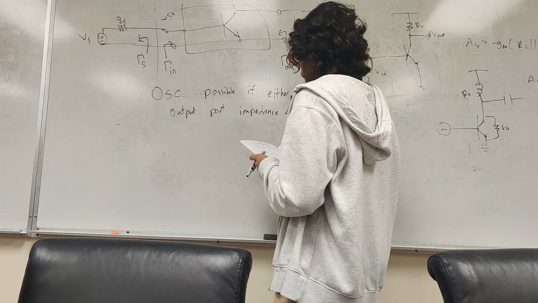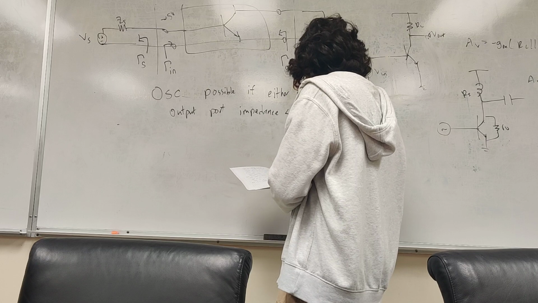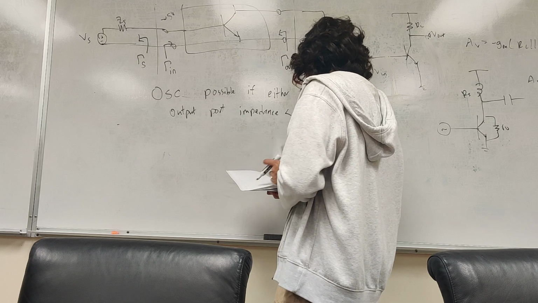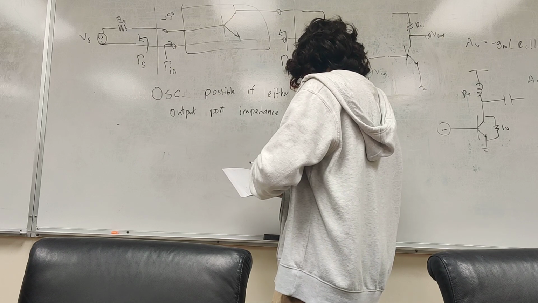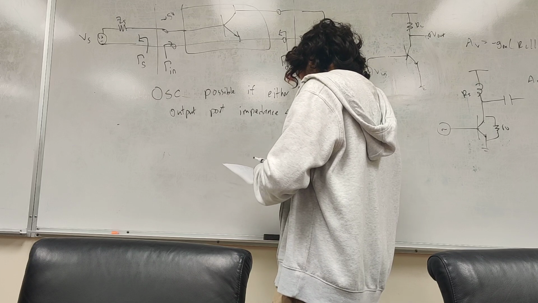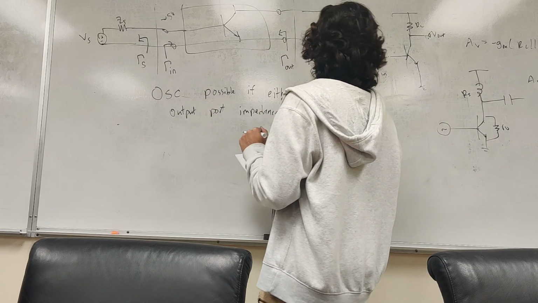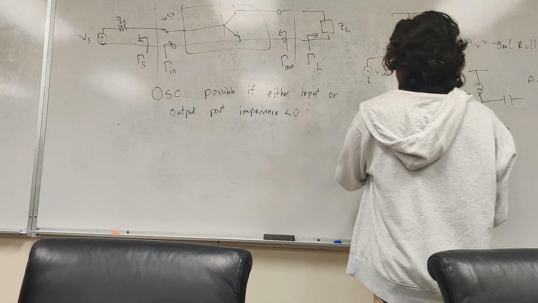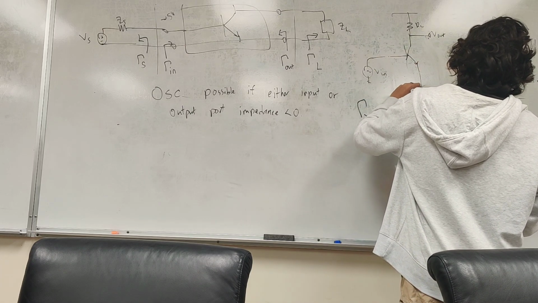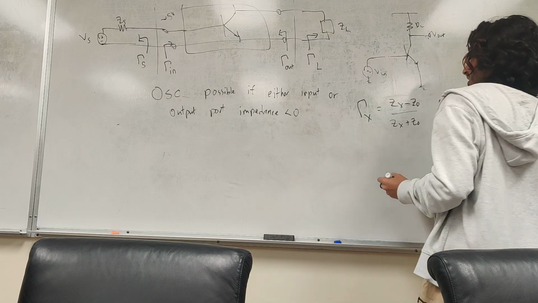This means, let me see if I have written this out somewhere. Here it is. Okay. So generally speaking, we have some gamma x, Zx minus Z naught over Zx plus Z naught.